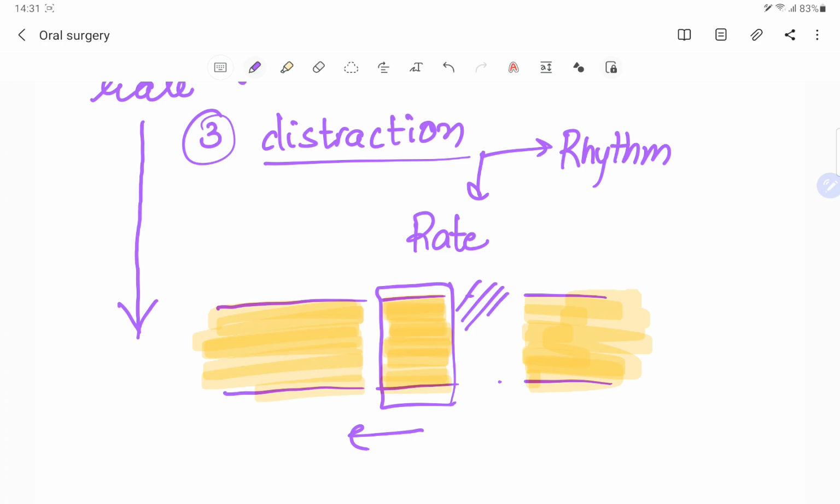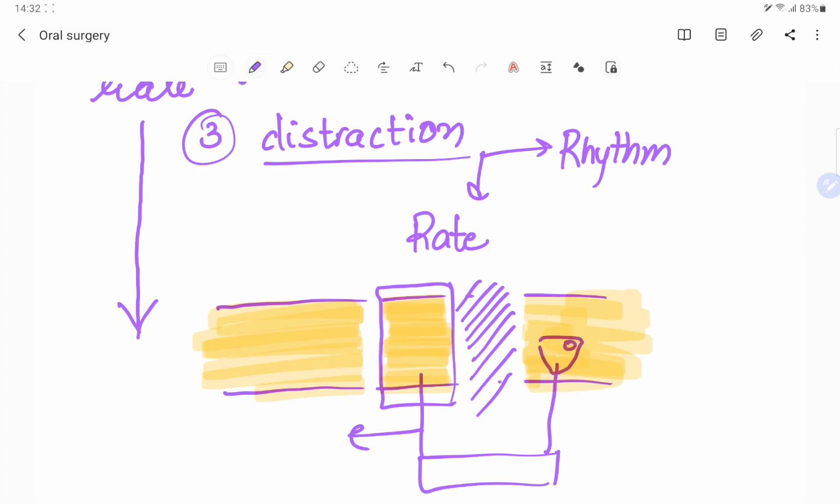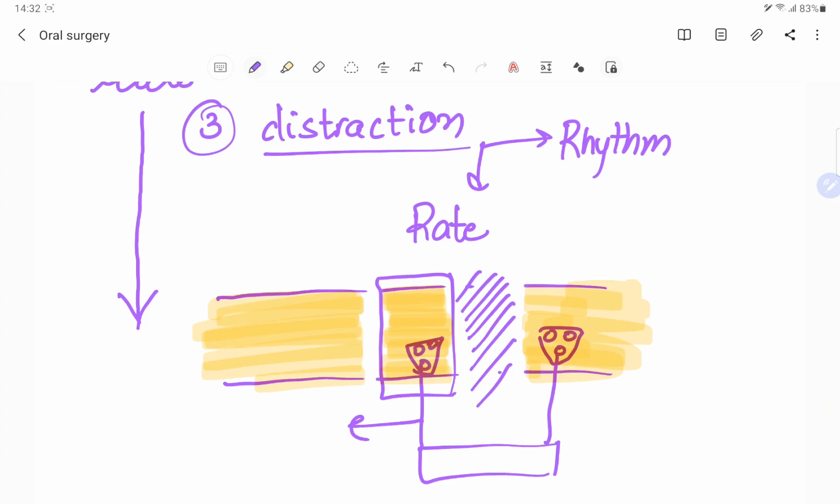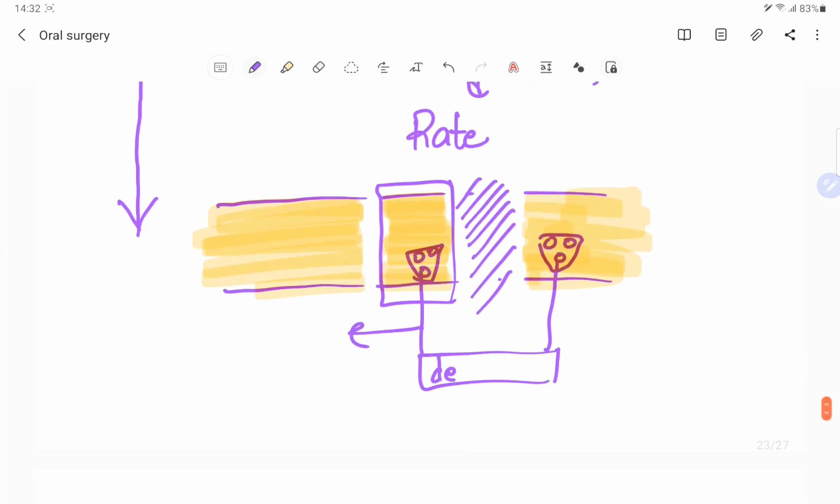So there is new bone formation which will occur at this end. In this situation, we are going to put a distractor device. Say suppose this is a distraction device. This is just a diagrammatic representation, guys. So this is a distractor device, say we have put over here.